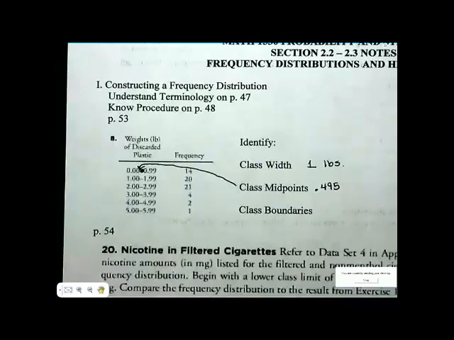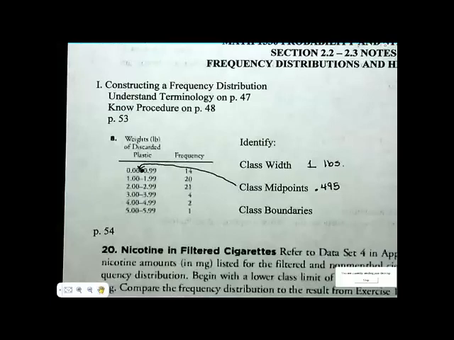I need to just slow down and breathe. Class width is not 10. We wrote 1 right here. I'm just saying 10. Sorry. The class width is 1, so just add 1 to get the next midpoint. Add 1 to get the next midpoint after that. The second midpoint would be 1.495. The third midpoint would be 2.495.